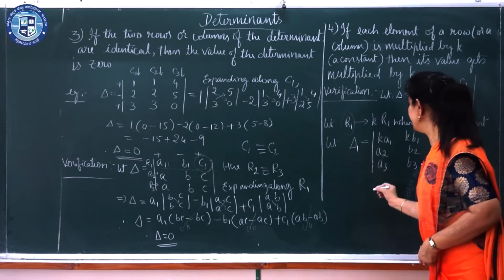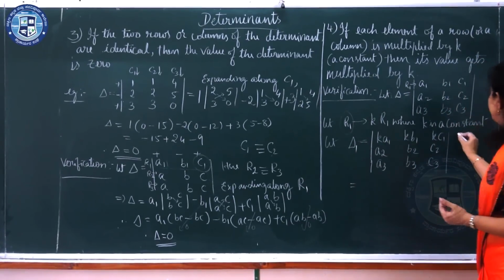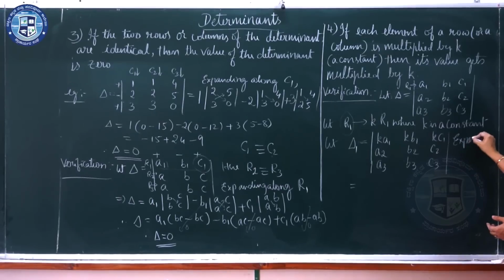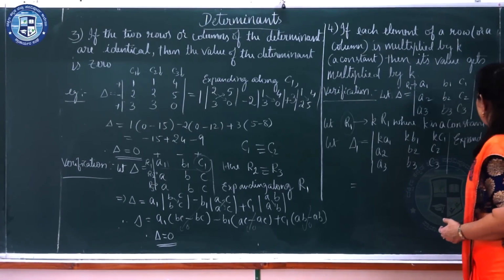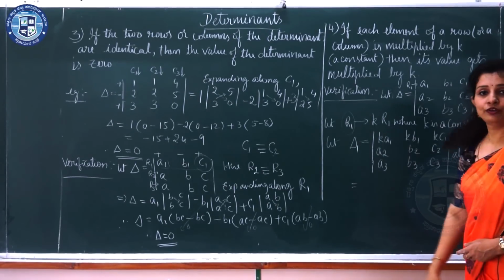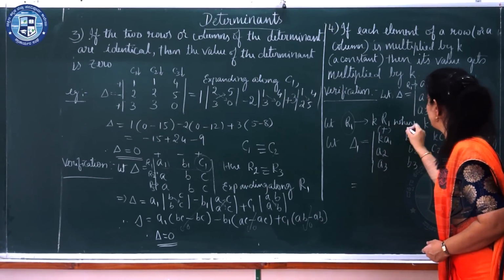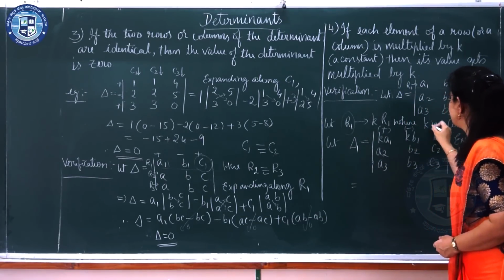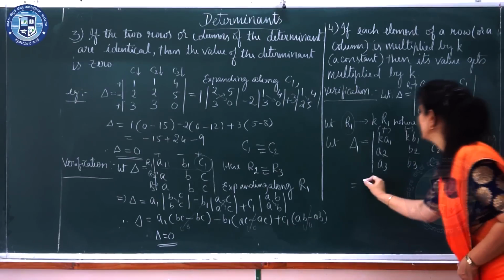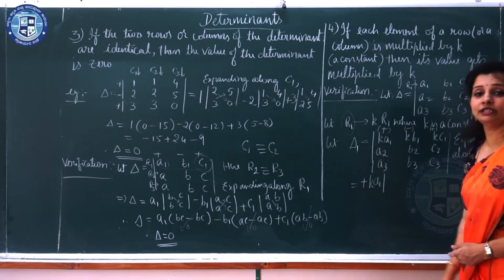Okay, so delta 1 is equal to, when you expand it along the first row, R1, row 1. We write plus, the position signs are plus minus plus, so it is kA1 into determinant value.